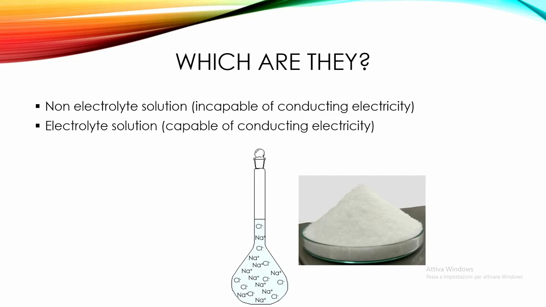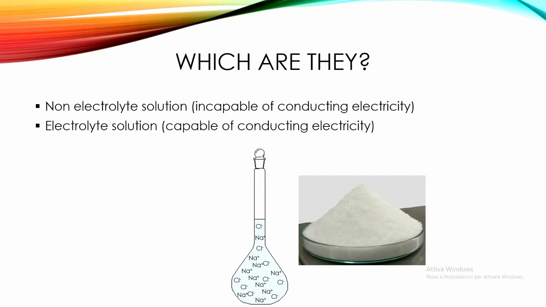This means that you have charged particles in solution this time, and this is a solution which is capable of conducting electricity. So these are the two types of solution, but electrolyte solution can be divided again into types of solutions. So in total we will have three types of solutions.